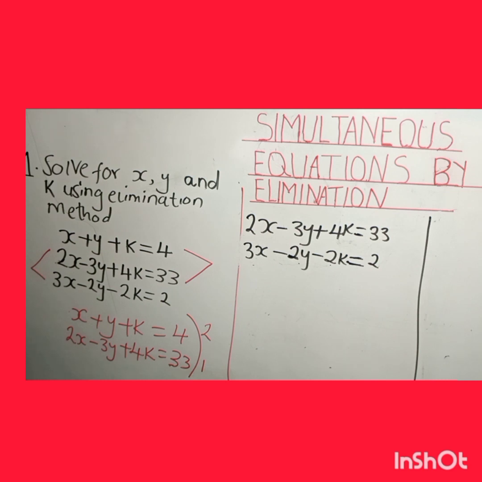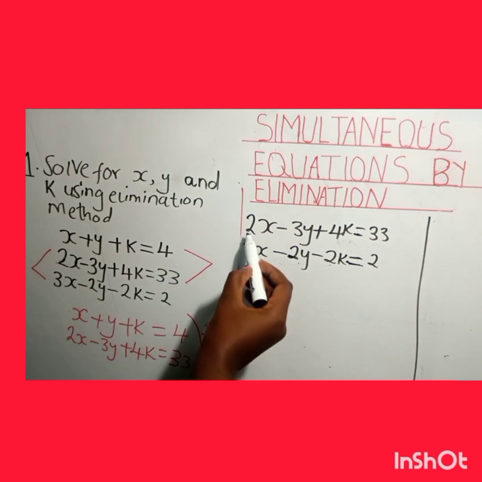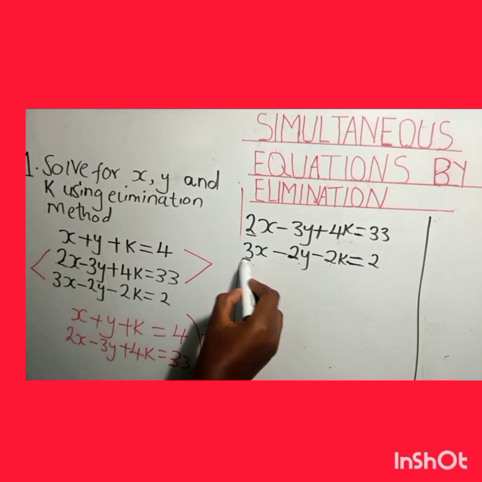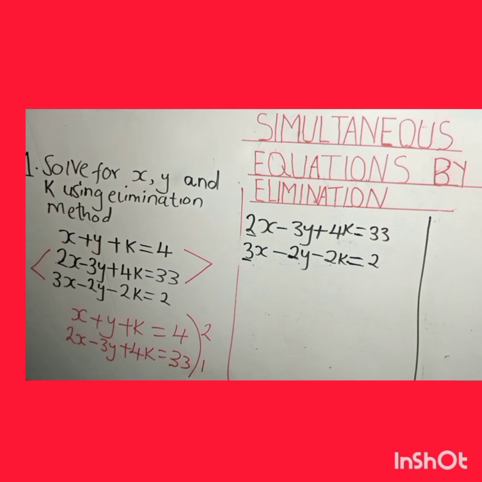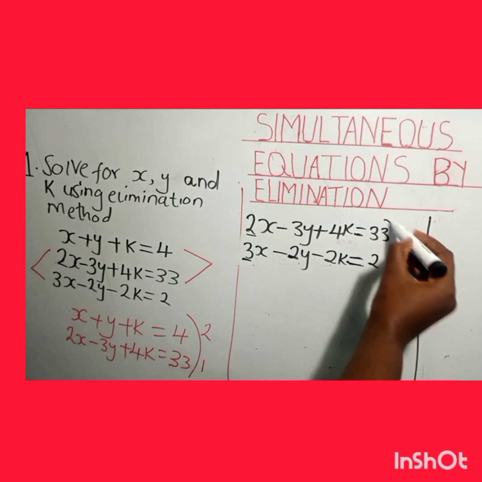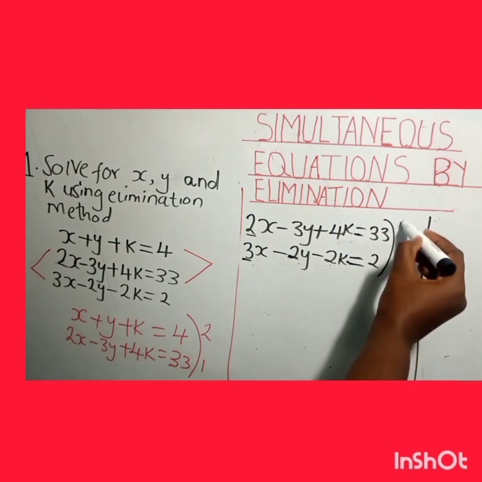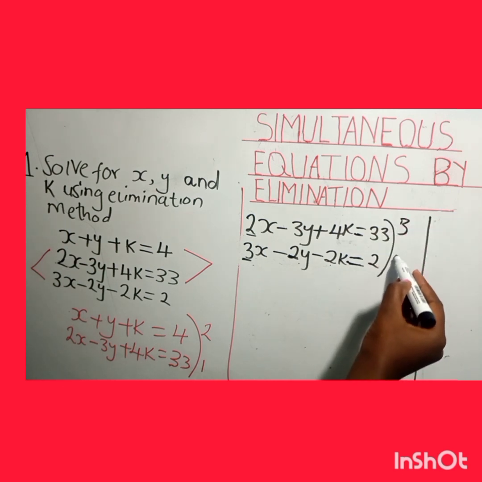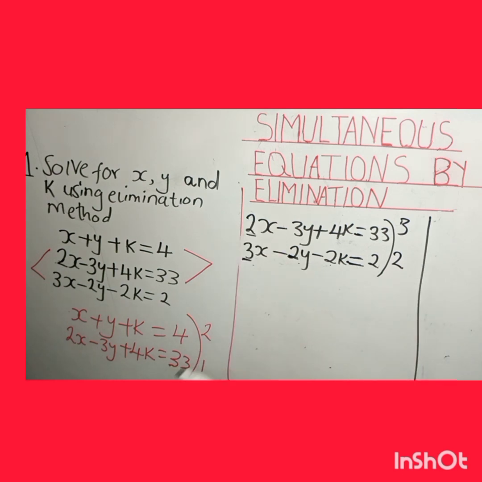To eliminate x, the coefficients of x in these equations must be the same. If they are not the same, like in our case, we multiply the upper equation by 3 and the lower equation by 2 so that they become the same.